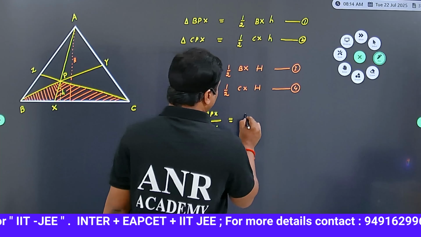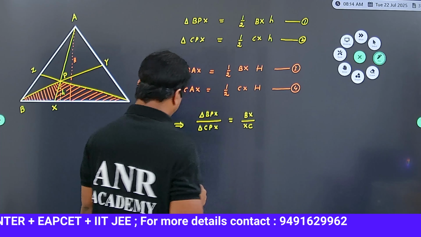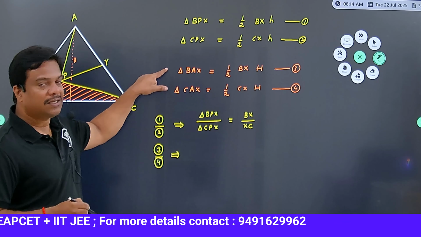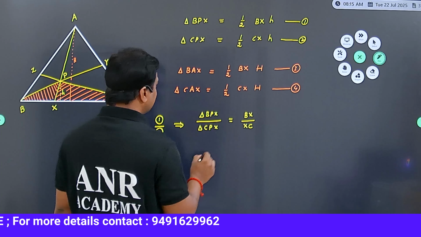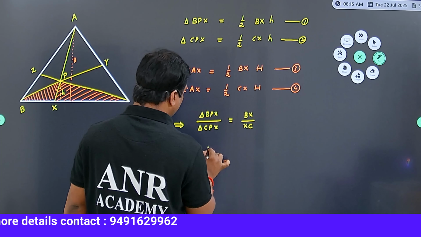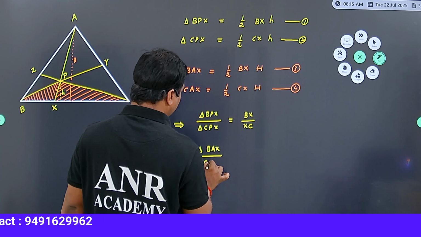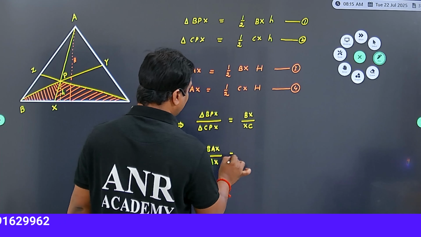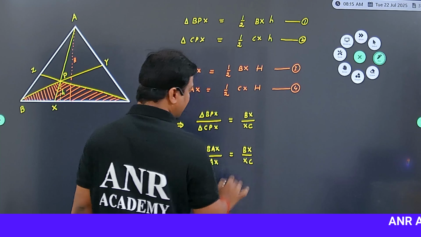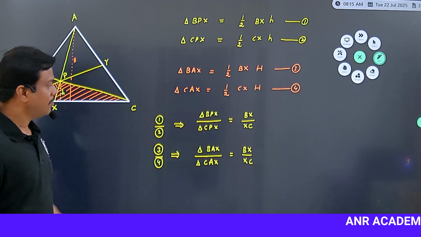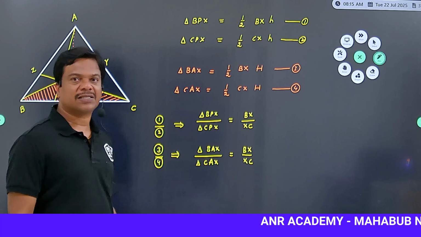We get BX divided by XC. Next, 3 by 4. Half and capital H get cancelled. We get delta BAX whole divided by delta CAX equal to again BX by XC. Both are having the same ratio BX by XC.